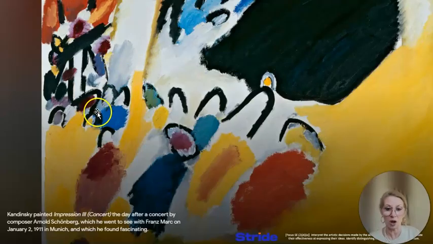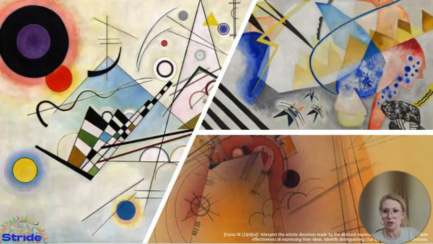So this one is called Impression Number 3, Concert. It was painted the day after a concert by this composer, which he went to see in Munich and he found fascinating. Okay, here are some more of his artworks, all painted after different musical works.